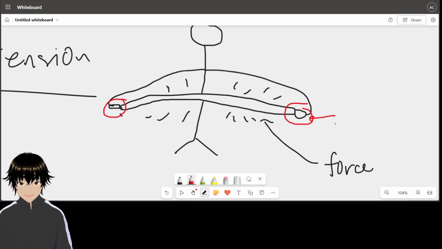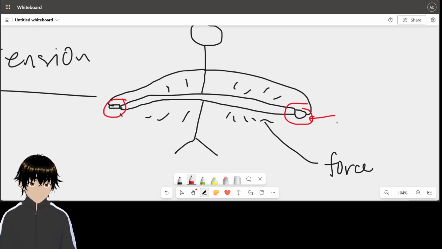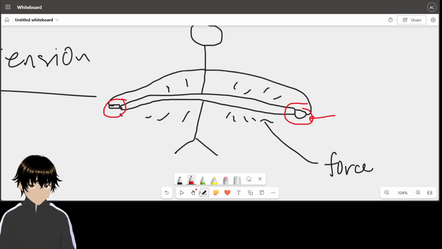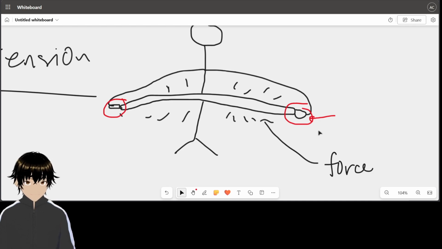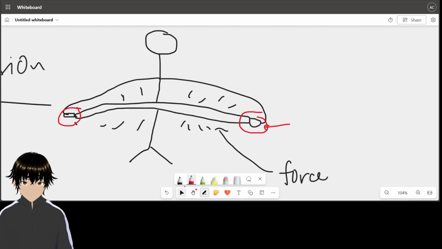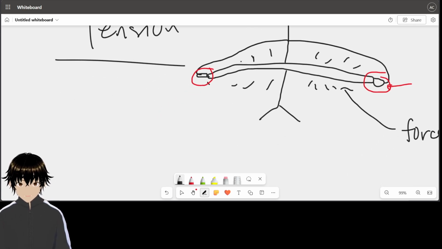Instead, I believe the force could be from the person themselves, exerted upon these two endpoints of the jumping rope. That's from my own understanding of the text. So that is what we call the tension force.